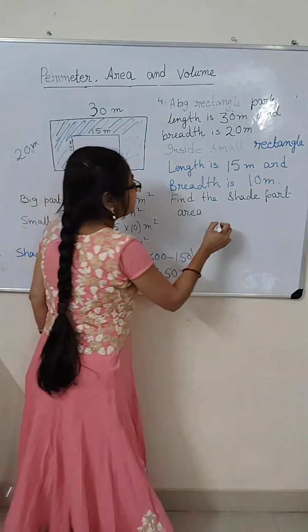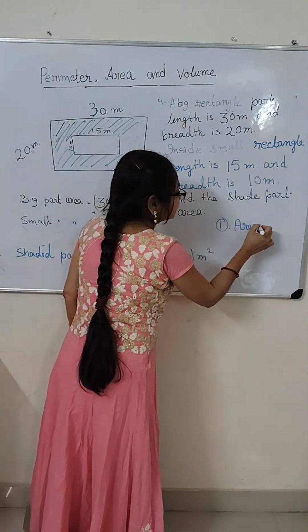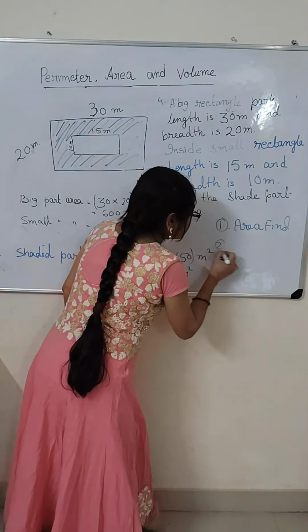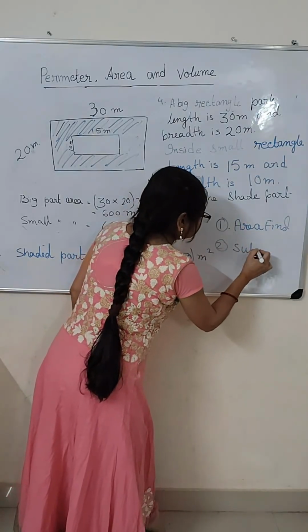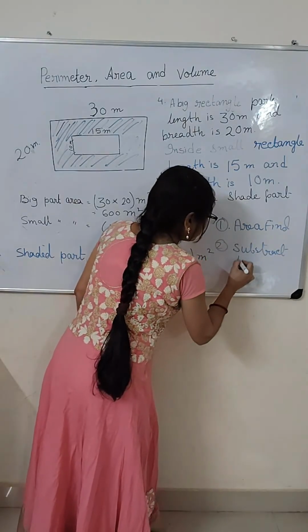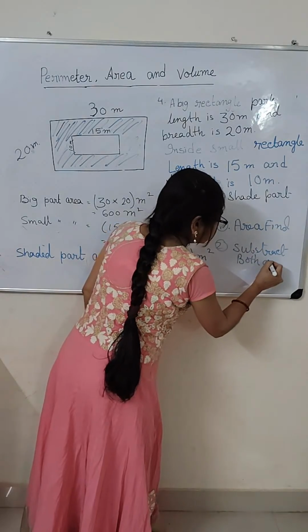The first step, what is our first step? Area. First step, area find. Second step, what is it? Subtract. Subtract both areas. Clear?